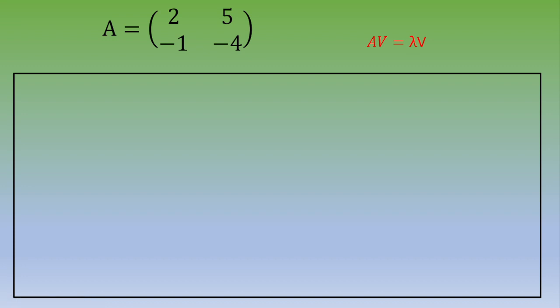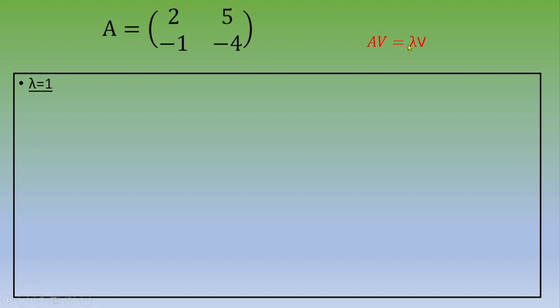Keep in mind that an eigenvector is always linked with an eigenvalue. So you start by selecting one eigenvalue. We've got just a choice between 1 and negative 3. So we decide to start with 1.